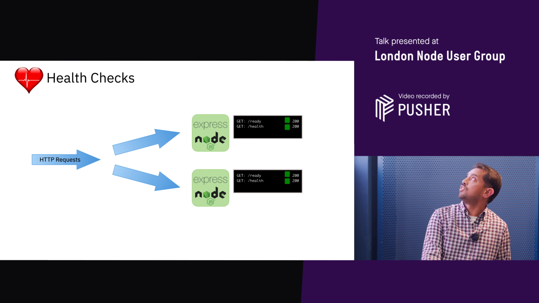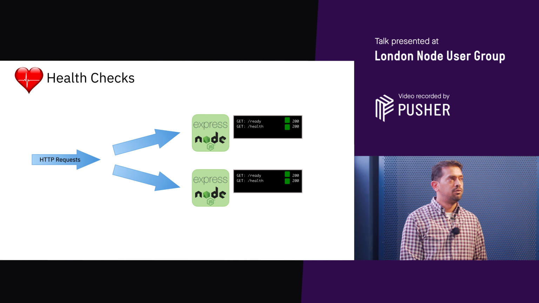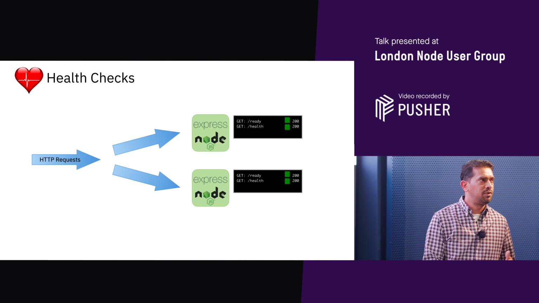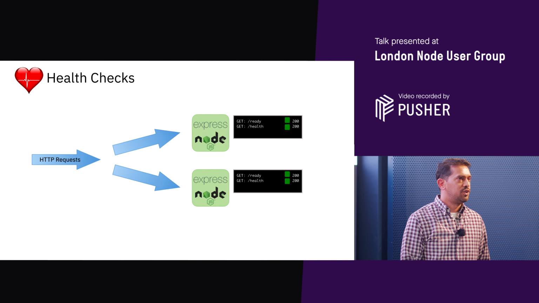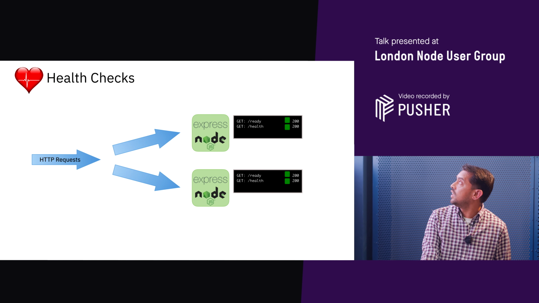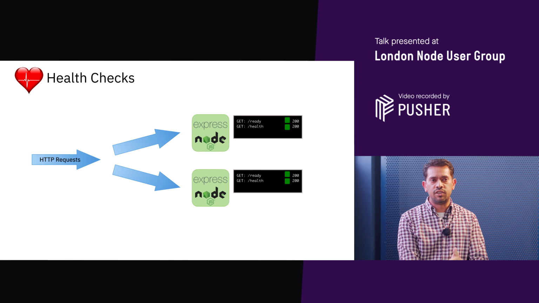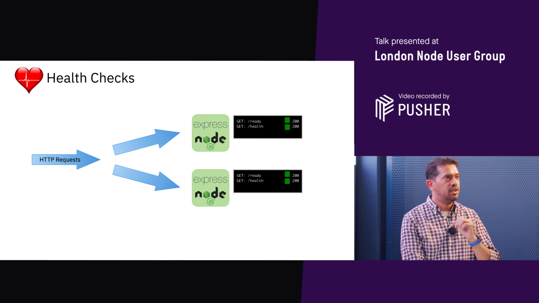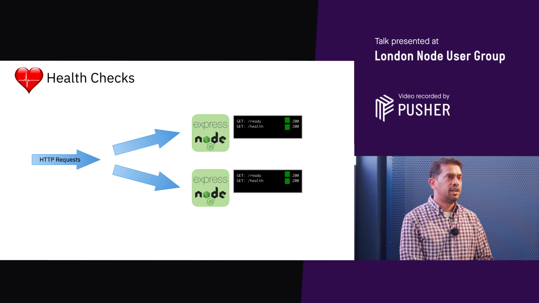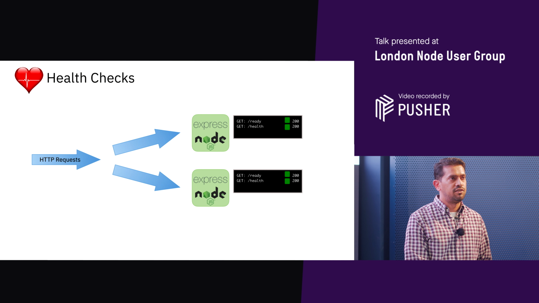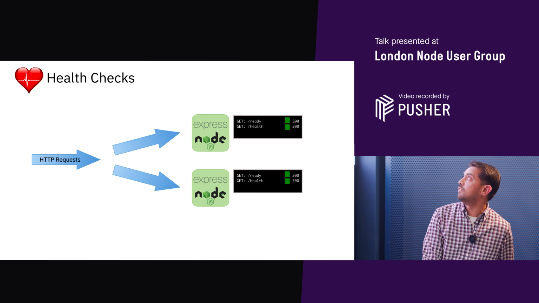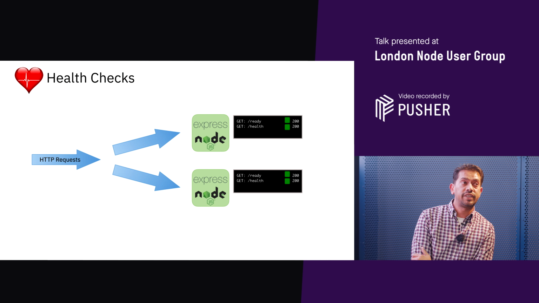The other one is health, which indicates to Kubernetes when we want the application to be restarted. So as an example, if you are trying to do something and you encounter issues, and you want to signal the environment itself to restart, because something has gone wrong and I don't think we can recover, then you can use that health endpoint.